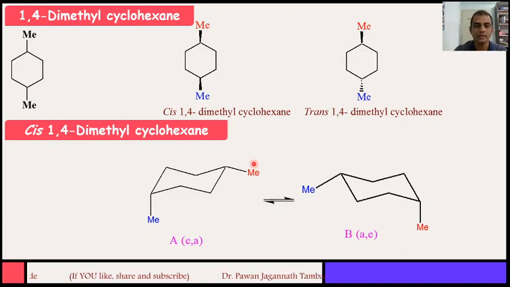So this methyl which was at equatorial position in structure A is now at axial position, and this blue colored methyl which was originally at axial position in structure A went to equatorial position in structure B. This is simply ring flipping, as we have seen in the last 3 to 4 lectures.